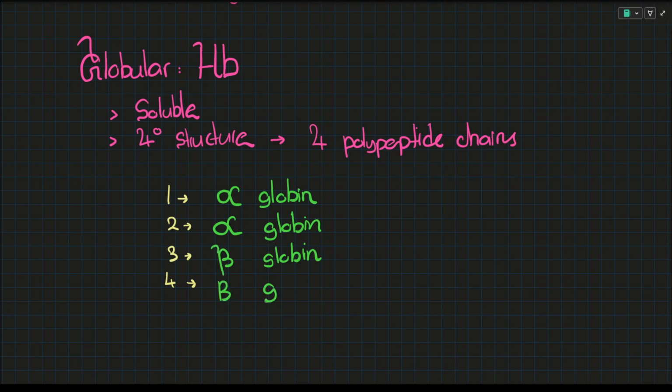Then, once again, we have another beta globin. Alpha globin, alpha globin, beta globin, beta globin. Like so. 4 polypeptide chains.